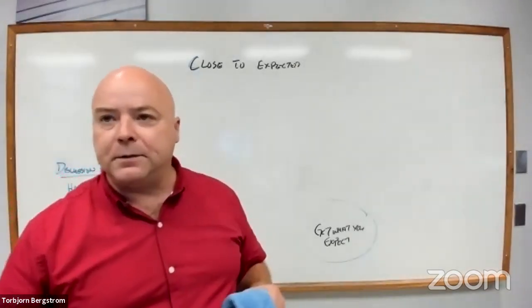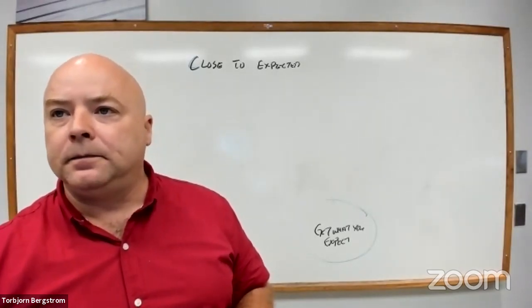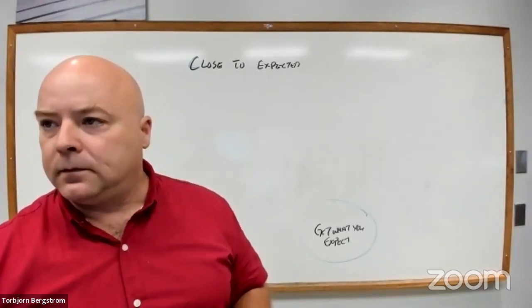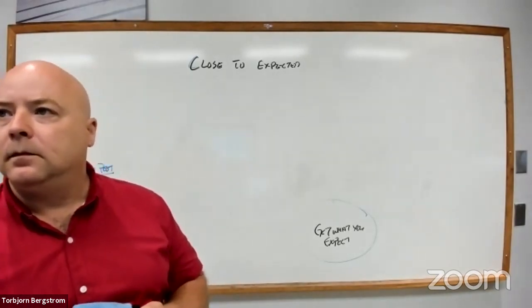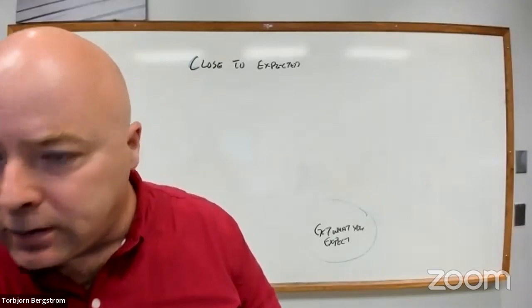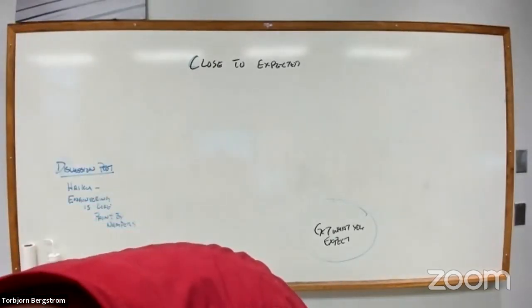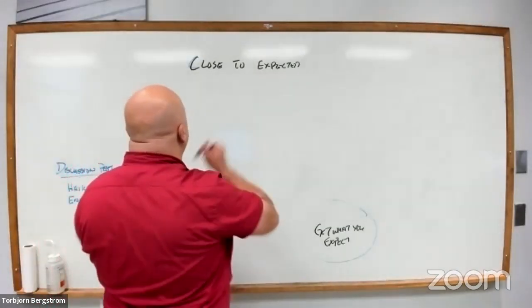How do we decide what's expected? Well, usually you're comparing it to a model. Usually you're comparing it to like a CAD model. So you may be comparing to a CAD model.